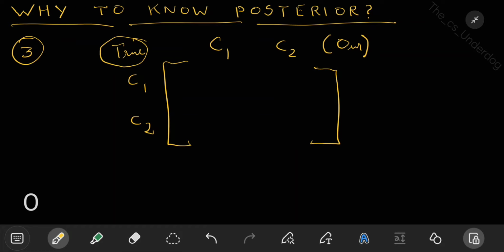So in case the true class and the class that we assign match, then there is no loss. We'll say zero loss. C2 and C2, in these cases, no loss. But there will be some practical applications in which we want to weigh different types of misclassifications differently. That is, if it is actually C1 but we assign C2, maybe let's say our loss is 10. But if it is actually C2 and you misclassified as C1, let's say the loss is 100. In this case, the loss is higher.